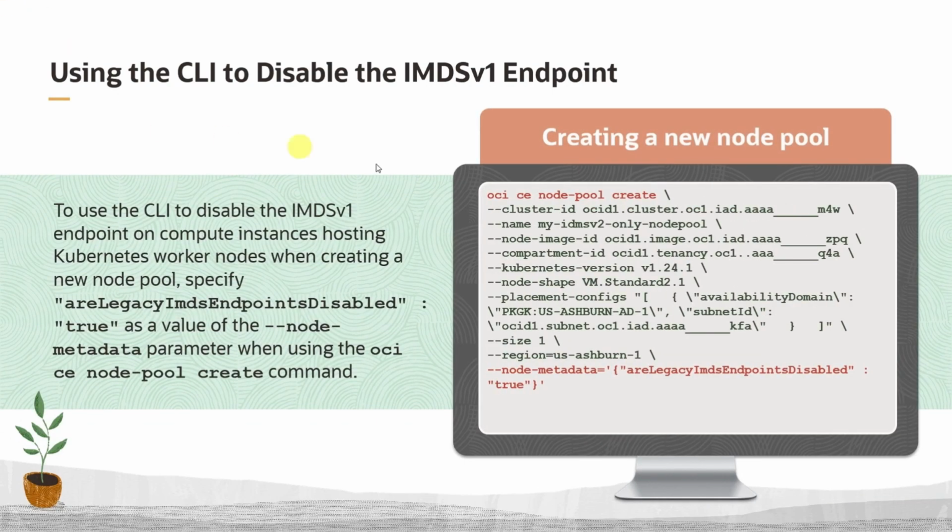To achieve this using the CLI, particularly when creating a new node pool, we employ the OCI node pool create command and pay close attention to the --node-metadata parameter where we specify our legacy IMDS endpoints disabled with the value true. Executing this command effectively disables the IMDS v1 endpoint, contributing to an enhanced security posture for our Kubernetes worker nodes.